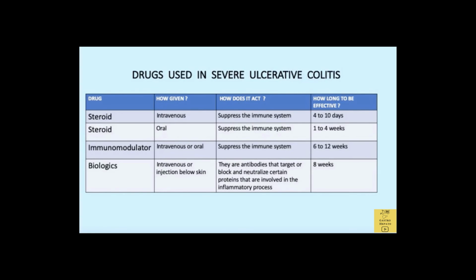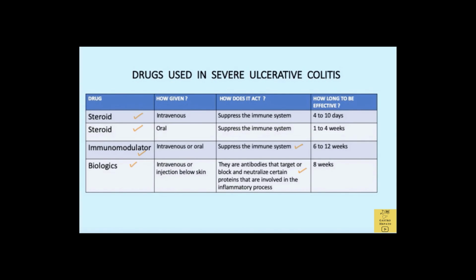This table shows drugs that are used in severe ulcerative colitis or patients with mild and moderate ulcerative colitis who do not respond to treatment. Drugs used include intravenous steroids, high-dose oral steroids, drugs called immunomodulators that suppress the immune system, and biologics.